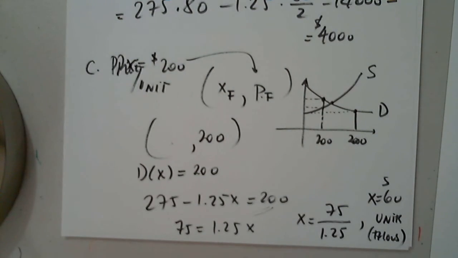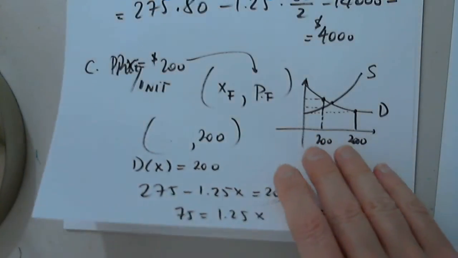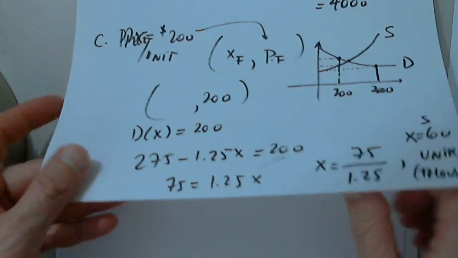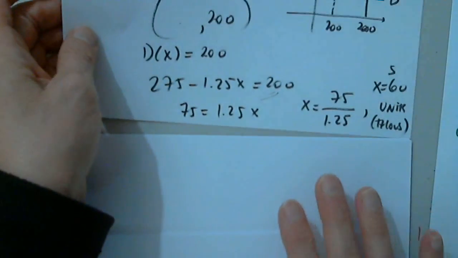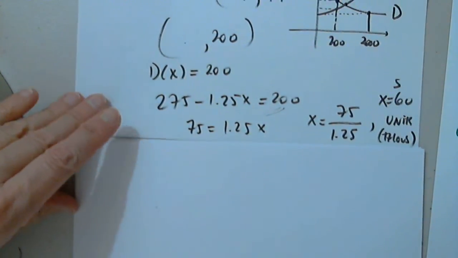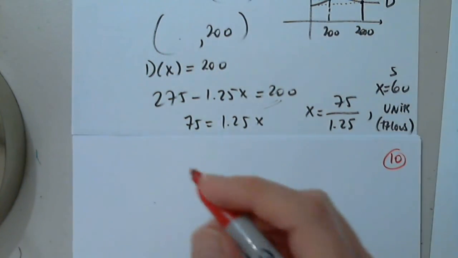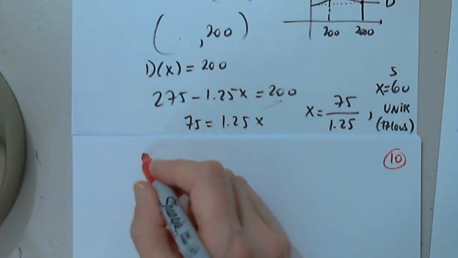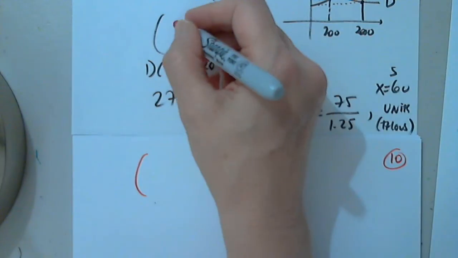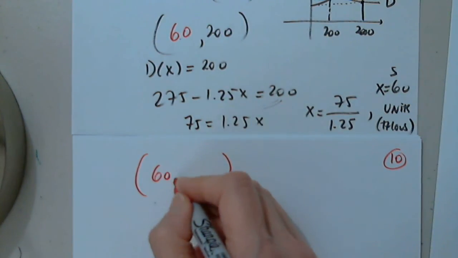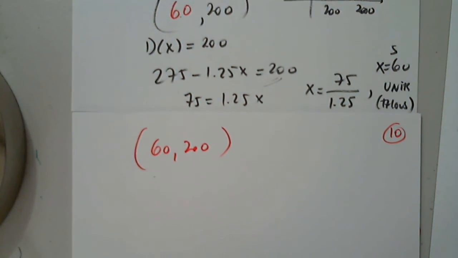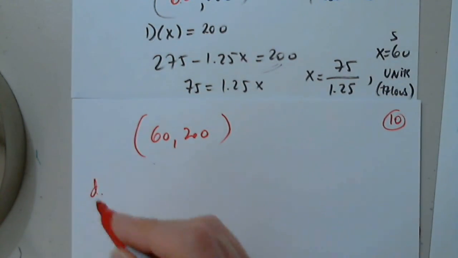Find the new consumer surplus and new producer surplus. Okay, fine. So this time, they're basically giving us a new point, with 60 and 200. And they want us to repeat both steps.